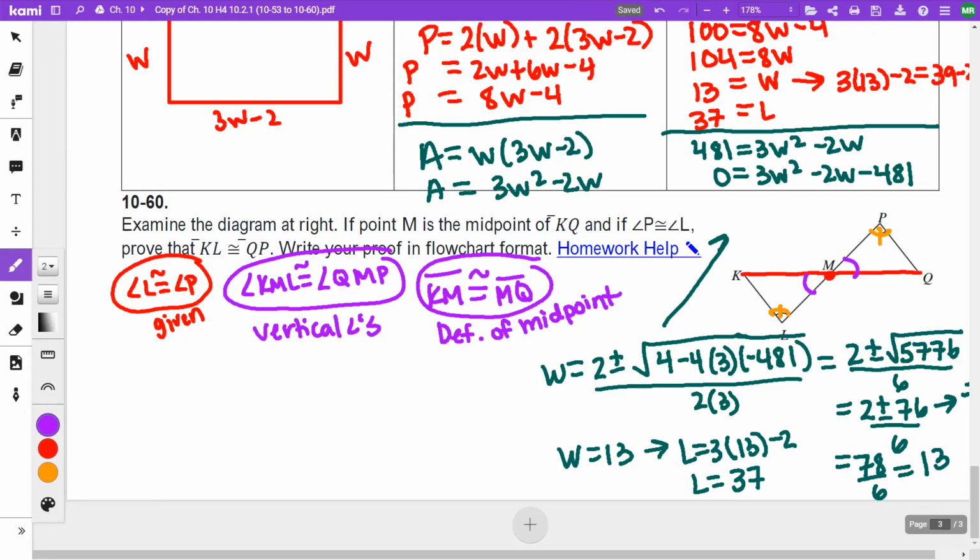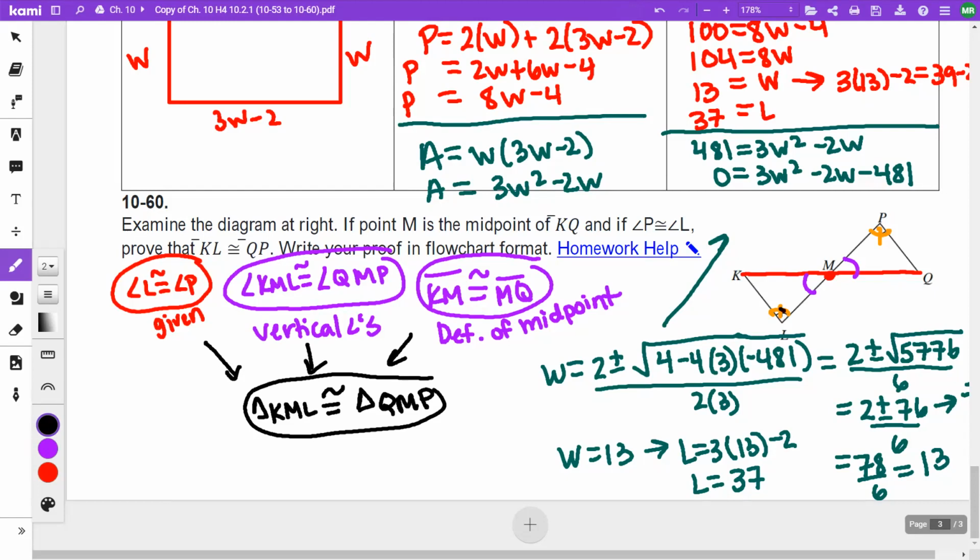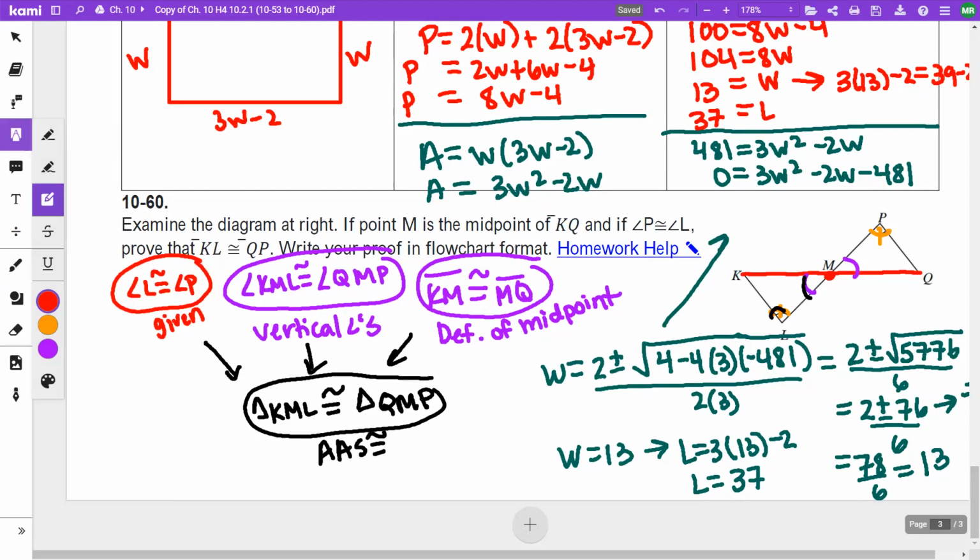So at this point, I know that these two triangles, triangle KML is congruent to triangle QMP. The reason is angle, side. Now we want to prove that this side here is congruent to this side here.